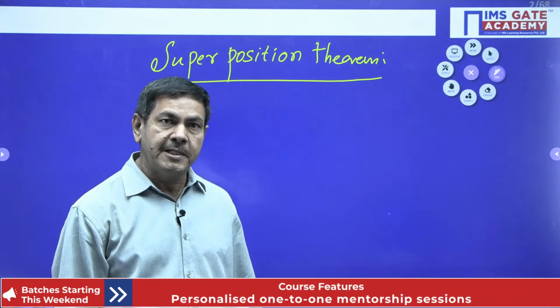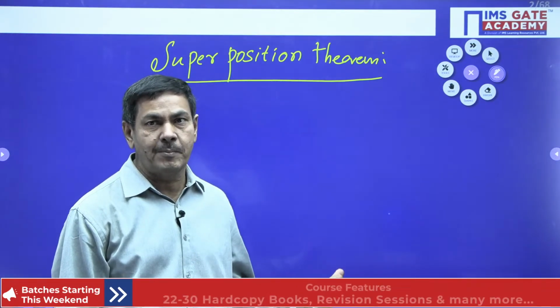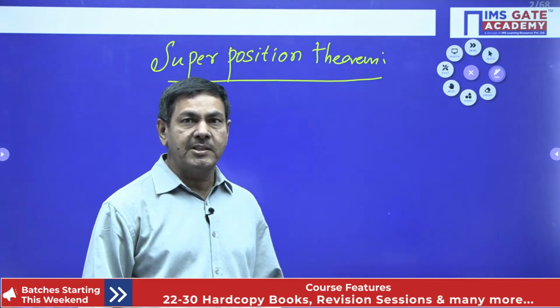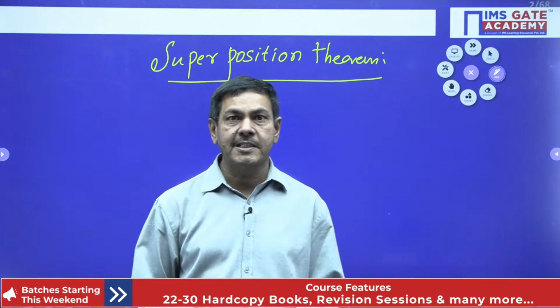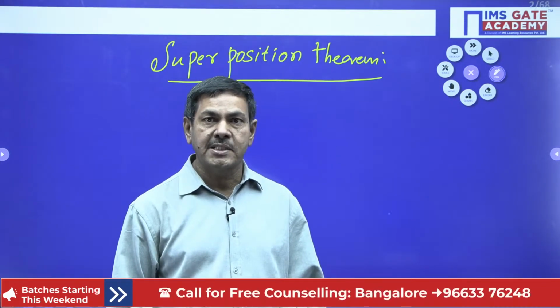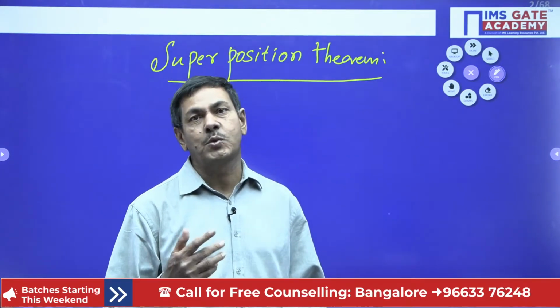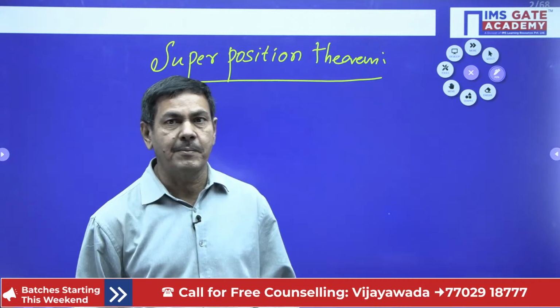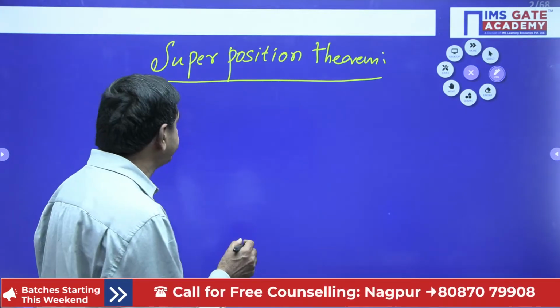Even if you have dependent sources along with the independent sources, you can apply it. So the superposition theorem is applicable for a network which contains independent sources and also dependent sources, 100% we can apply it. But I want to explain this theorem clearly now.